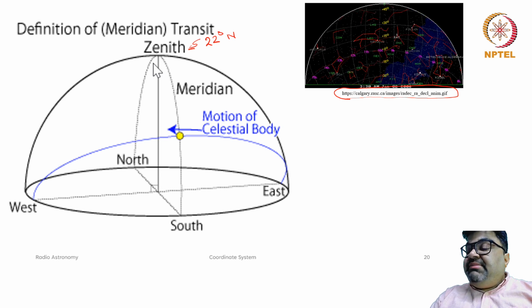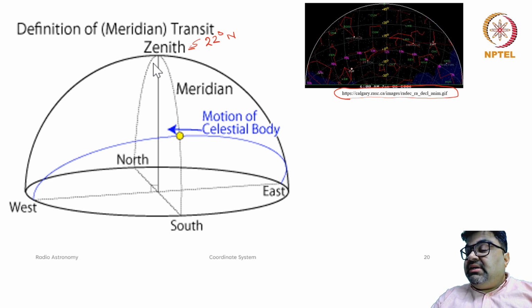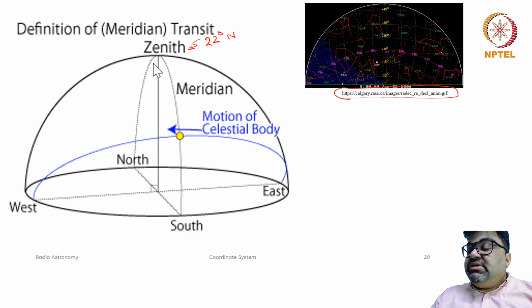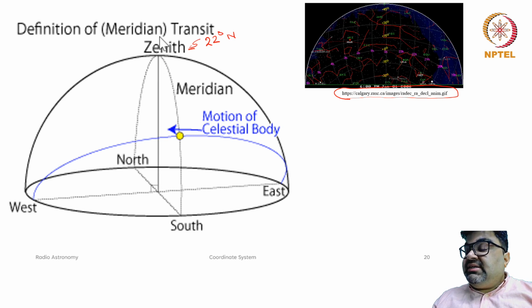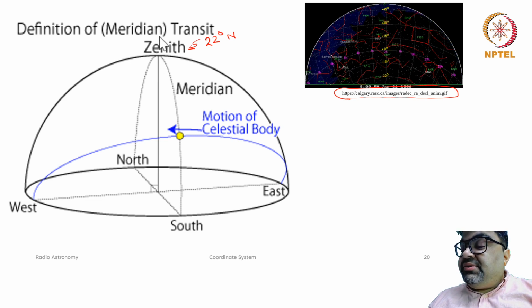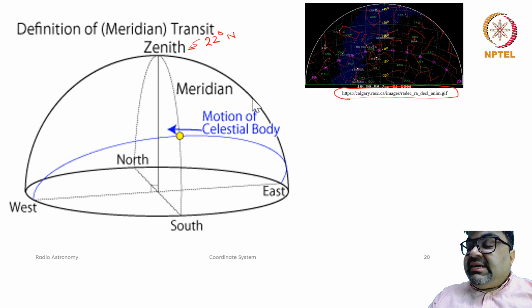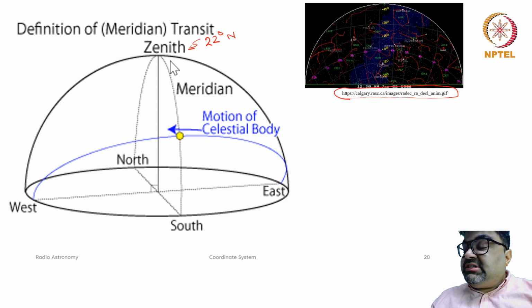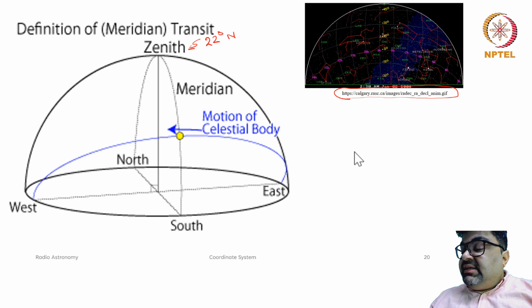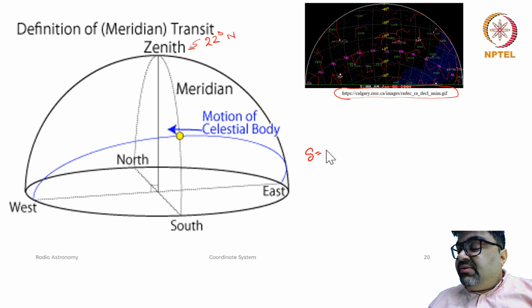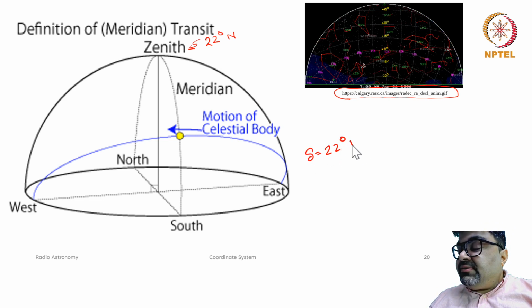Because I am at 22 degrees north, the zenith declination is also equal to 22 degrees, right? So the declination of the source which is passing through the zenith is delta equal to 22 degrees north.